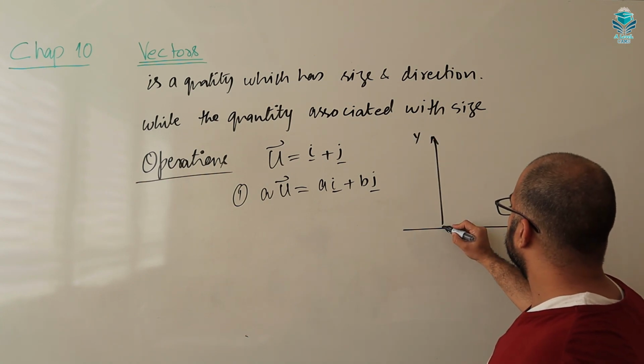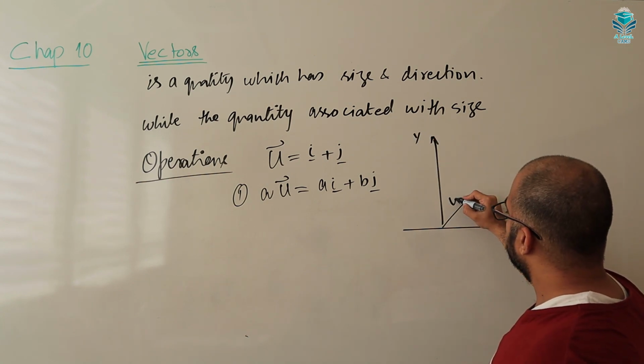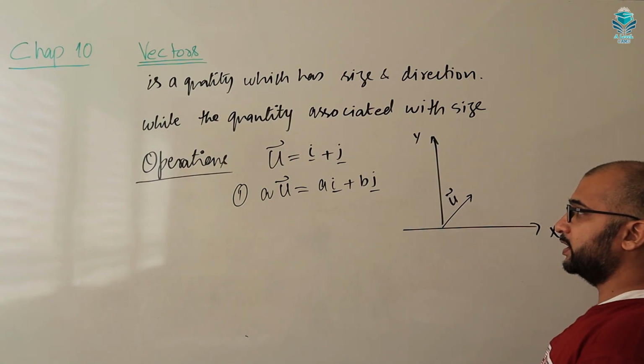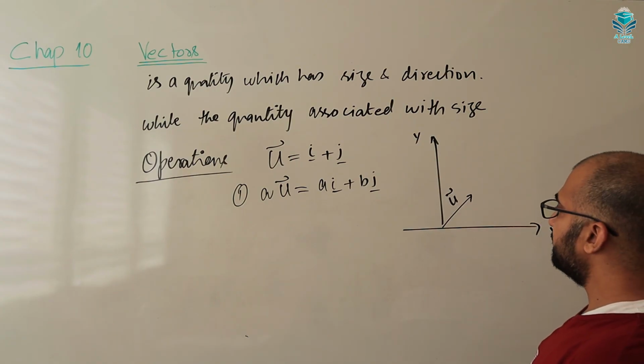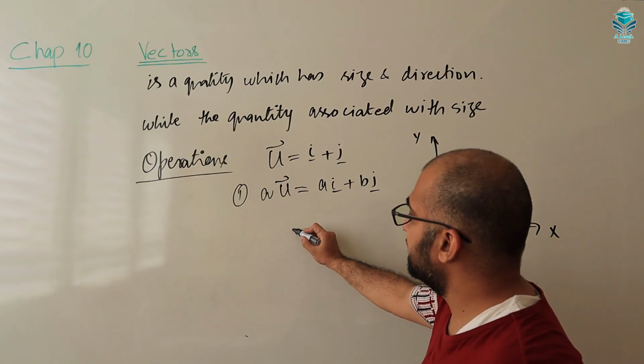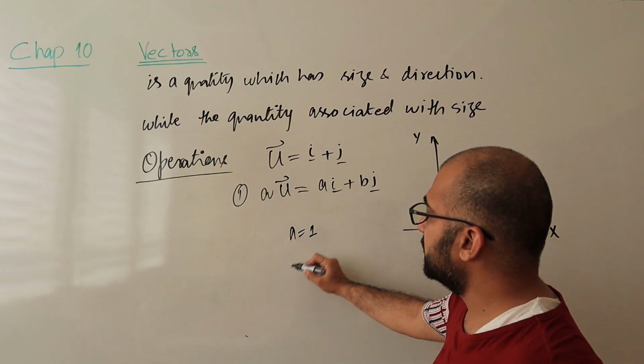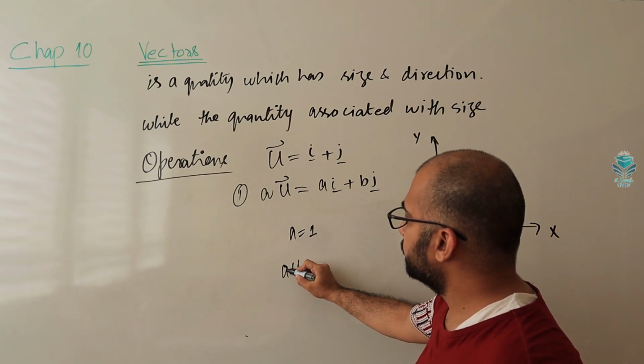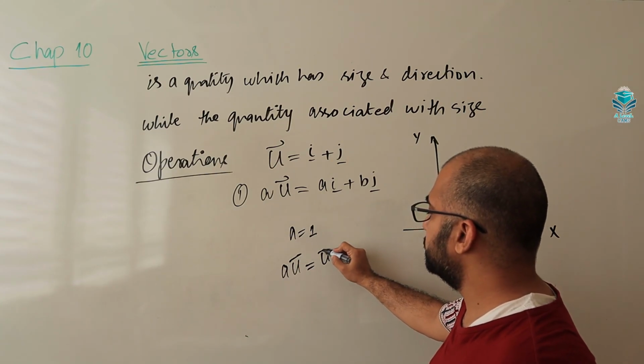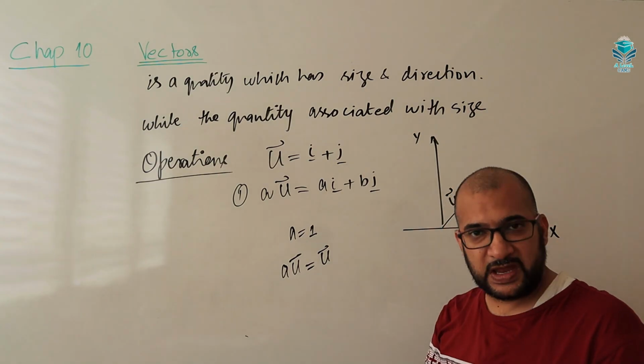If a equals 1, then au is nothing but the vector u, so it is the same vector.